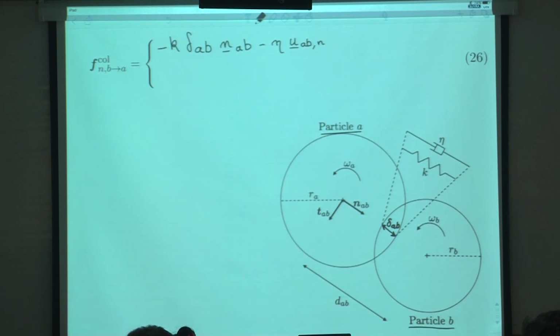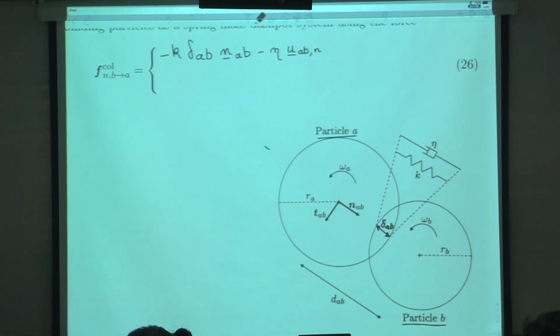So I'll want the relative velocity along the axis of the collision. So this is along this collisional axis, and I'm going to be interested in this relative velocity.